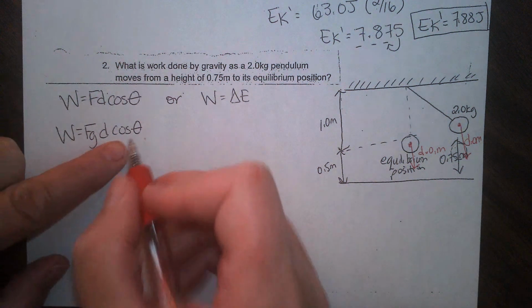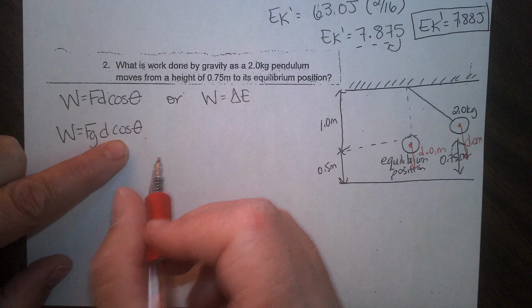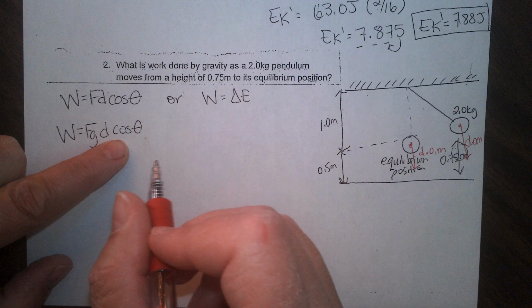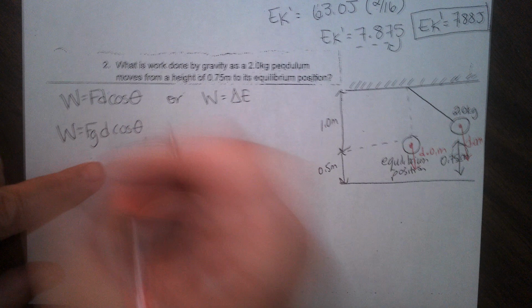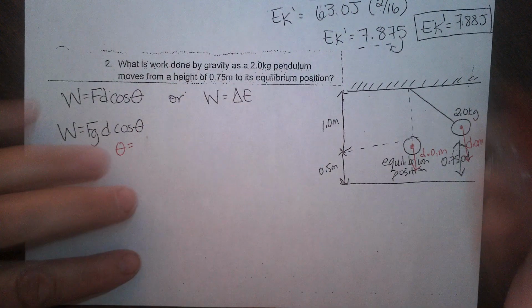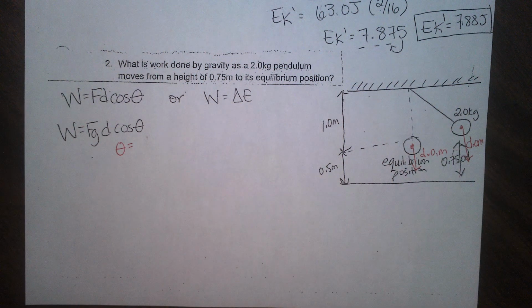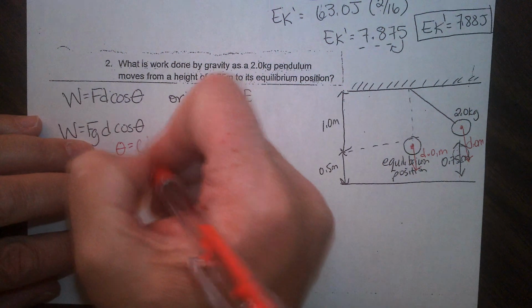And so what do we say about cos theta? What's our angle? When they're parallel, the force and the direction of motion are in the same direction. It's 0 degrees.